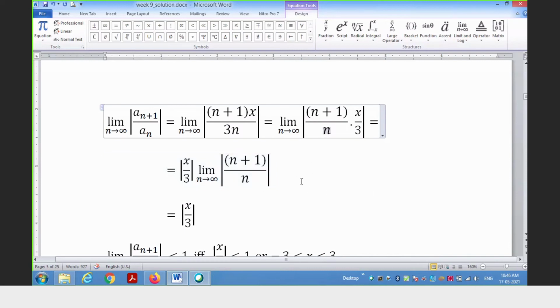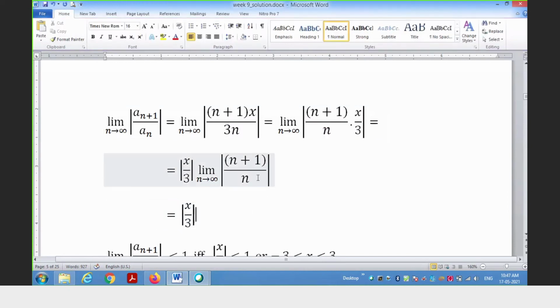We can use L'Hopital's rule, and then this will be equal to 1. When n goes to infinity, n plus 1 over n will approach 1. So 1 times x over 3 is equal to the absolute value of x over 3.